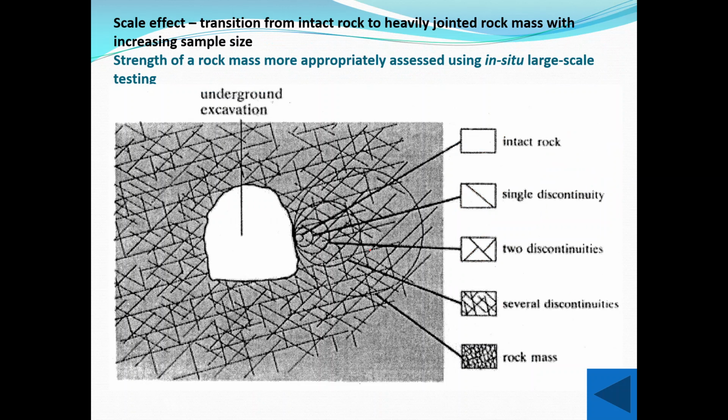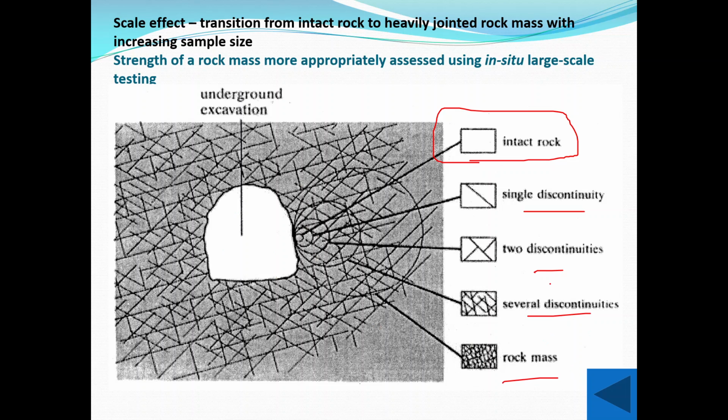In terms of scale effect and sample size, if we have a jointed rock mass like this, normally intact rock is rock without any discontinuity effects, while rock with a few discontinuities, for example a single discontinuity or several, is different from rock mass.